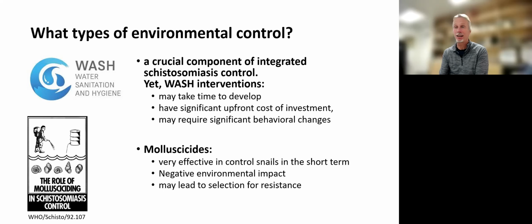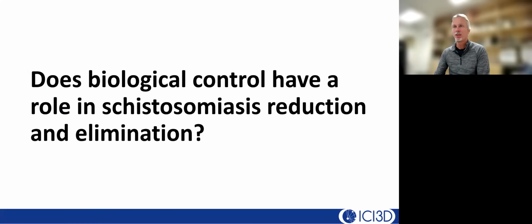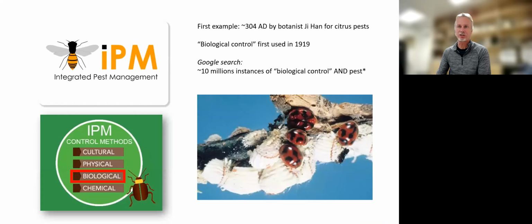So relying entirely on molluscicide is a challenge, and it's difficult to be socially accepted in the places where there is a lot of transmission. The question we want to address here in the third part of the seminar is whether biological control has a role in schistosomiasis reduction and elimination.